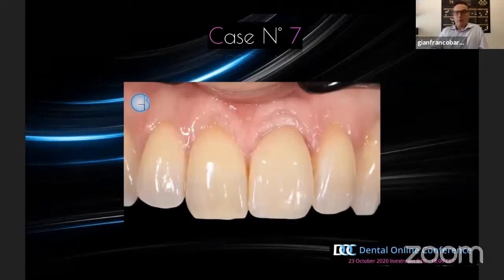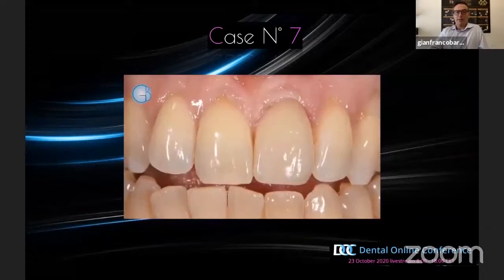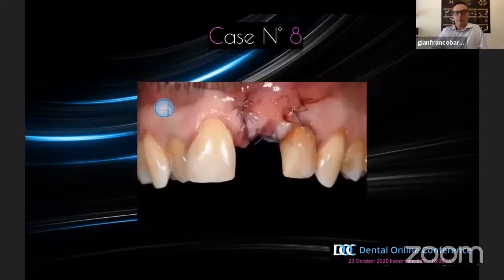After all, we end this ceramic, put it in the mouth, and we can control another time the shape, the emergence, even the aesthetic and characteristic of layering.